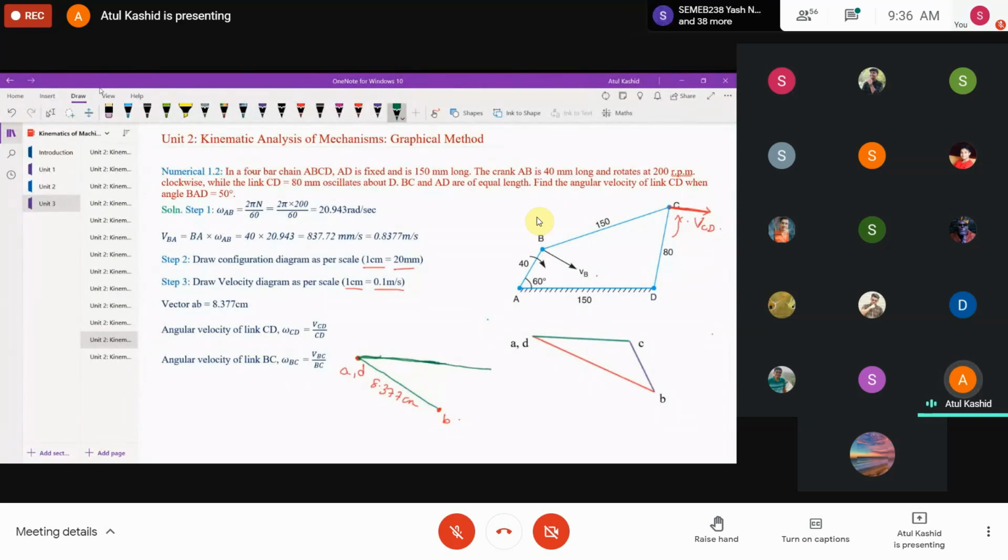So for the time being, we'll extend the line on both the sides. Okay. So this is our direction for the link CD, right? So please reply whether it is clear up to this point, or is there any doubt?